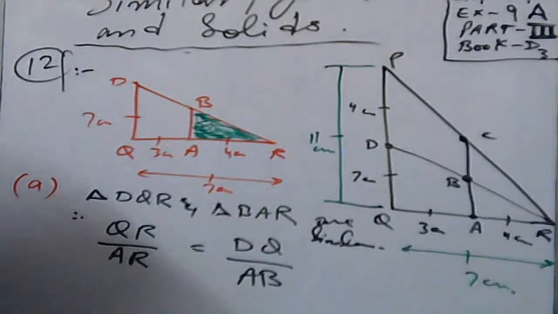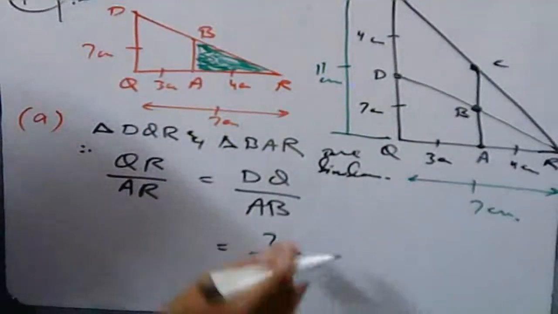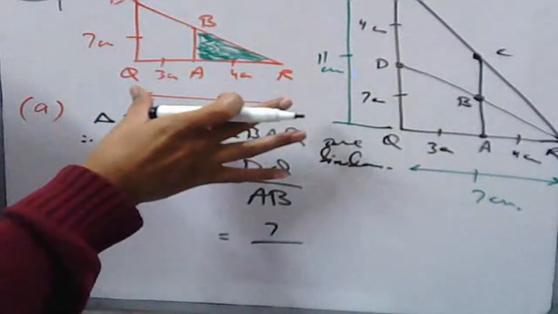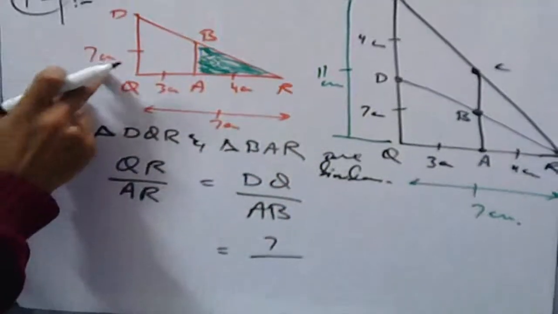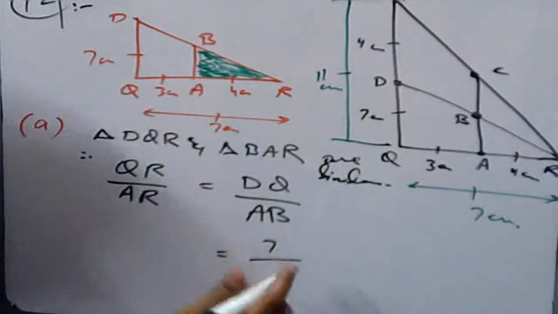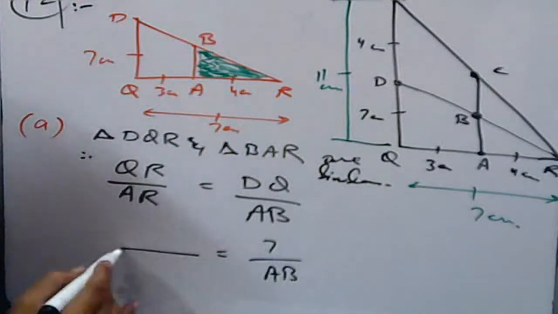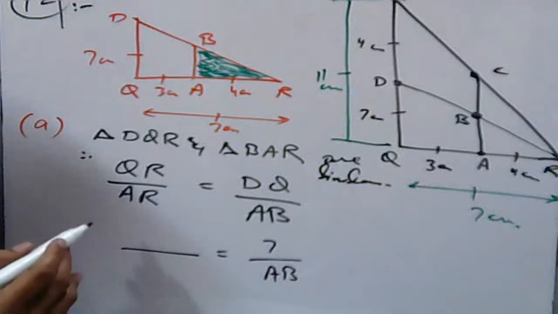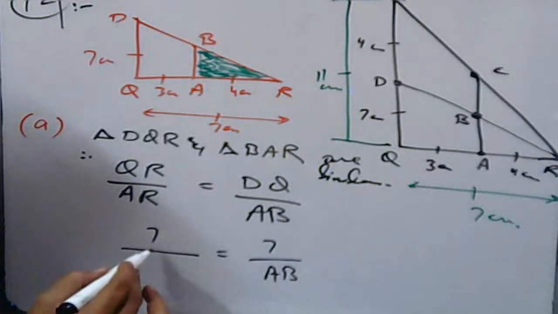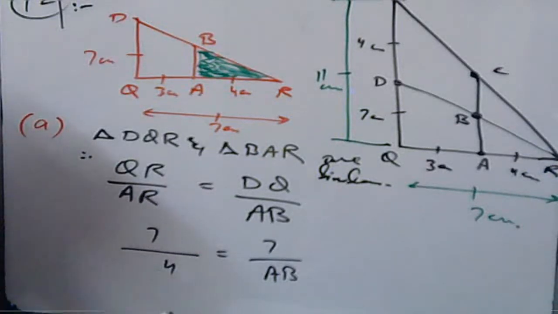Therefore, by putting the values, DQ is 7, and AB we have to find. After putting the values, you should be very careful: QR is 7 and AR is 4.